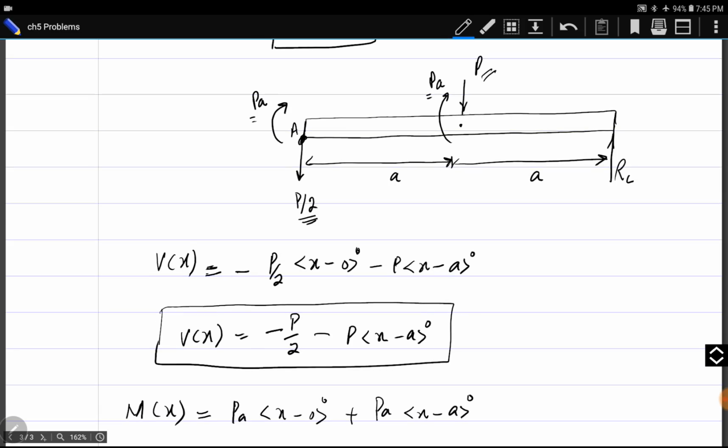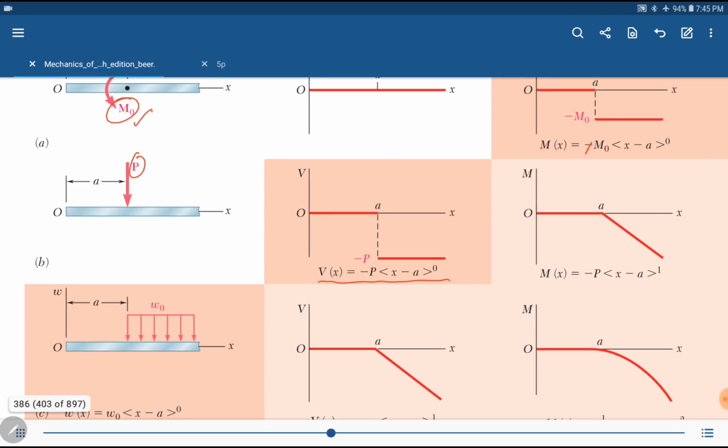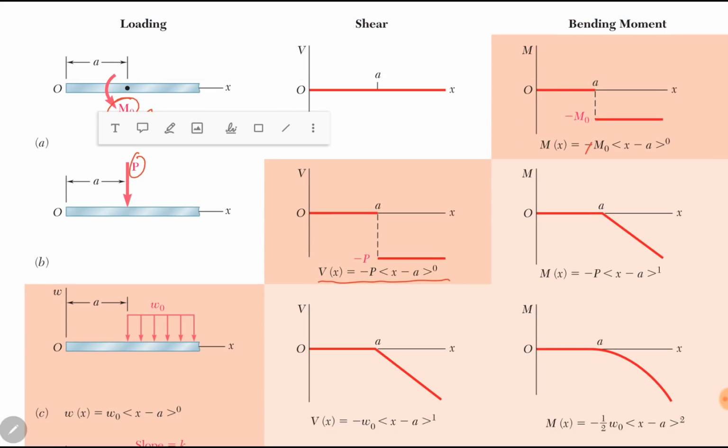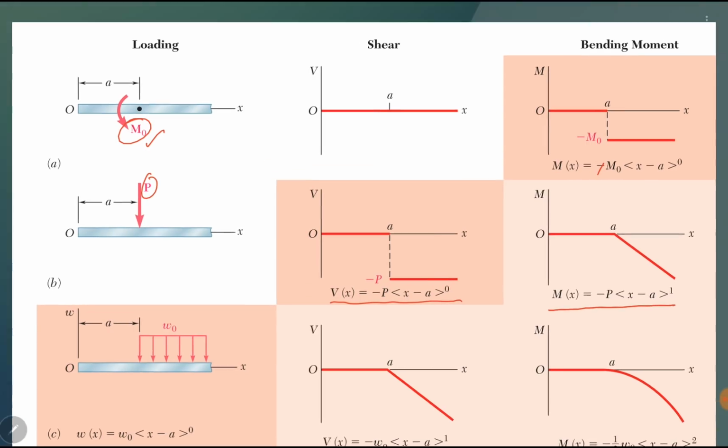Okay, then we have two concentrated forces, P by 2 and P. For concentrated force, we have bending moment equal to minus P into x minus a power 1. For downward force, they are using negative sign. We also have downward forces.